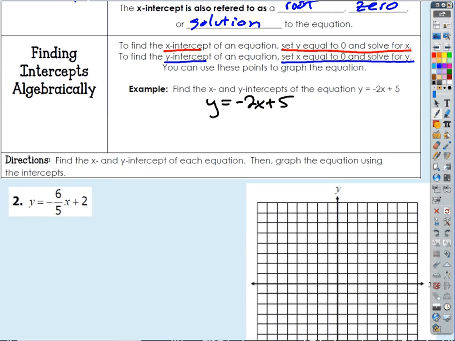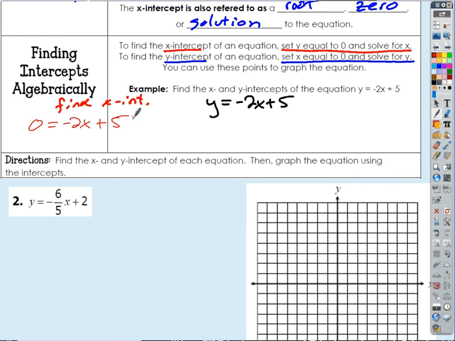So in this equation, all I've got to do is set y equal to 0, so I end up with 0 equals -2x plus 5. Just solve for x, right? I know y has to be 0 to find the x value.